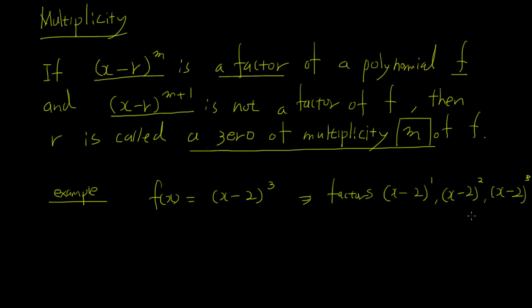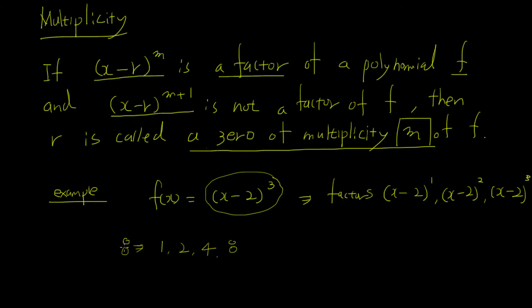A factor is one that you can divide the original form by and get no remainder. That's another definition of factor, right? For example, what are the factors of 8? It's 1, 2, 4, and 8. If you divide 8 by 1, what's the remainder?